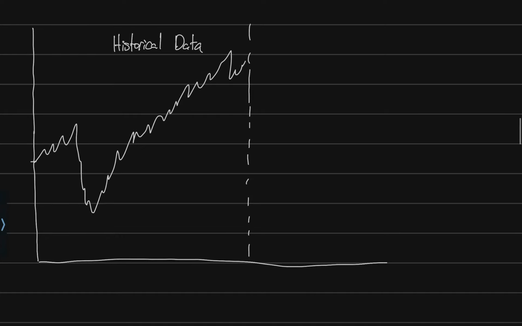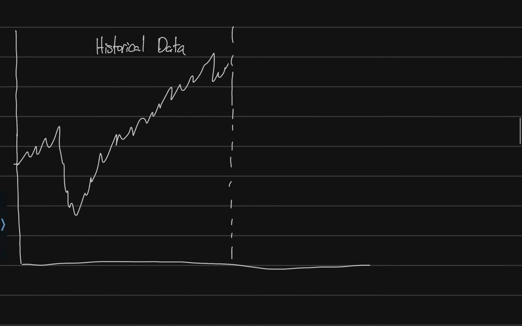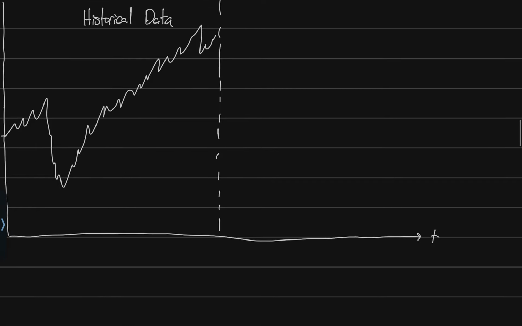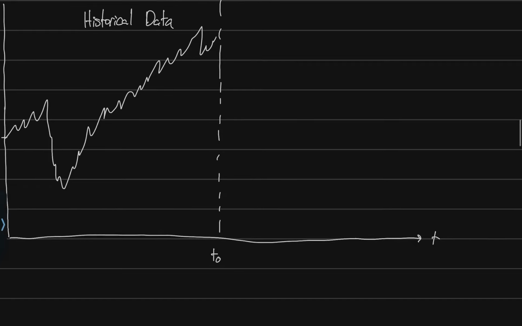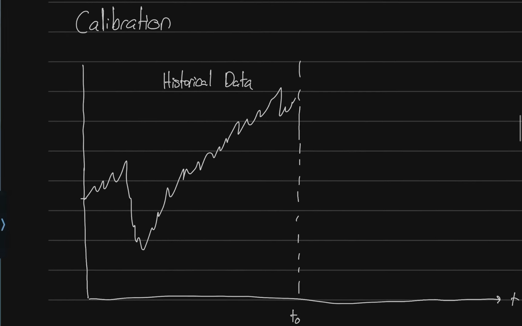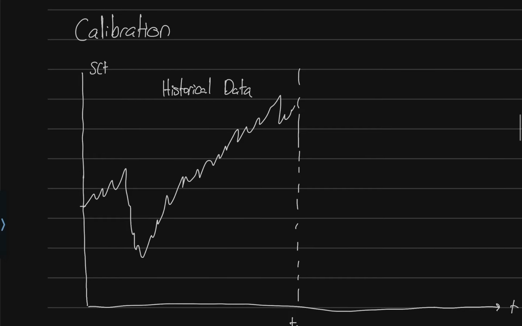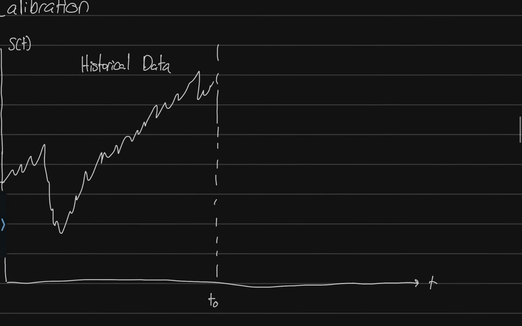And this is going to be our forecast. So T, and then this is going to be T0, or what we know so far. This is going to be obviously our stock price as a function of time. Now let's say we hypothetically choose a bad mean returns and a bad sigma, right?